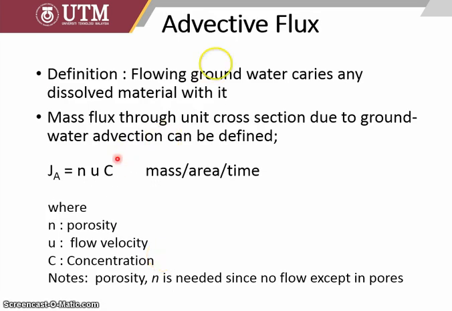Advective flux is how we define the mass flux through a unit cross section due to groundwater advection. So J sub A, the advective flux, equals the porosity times the flow velocity u, where u equals K times i, and also the concentration.